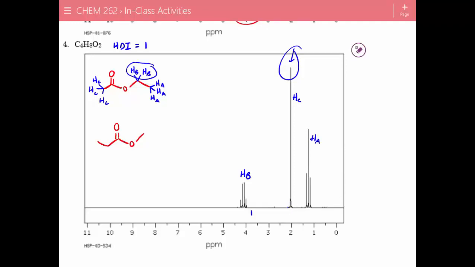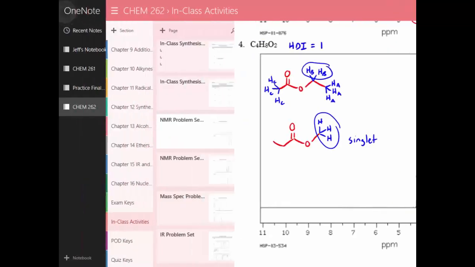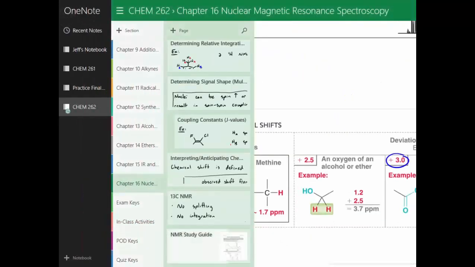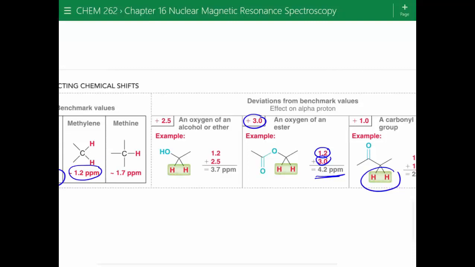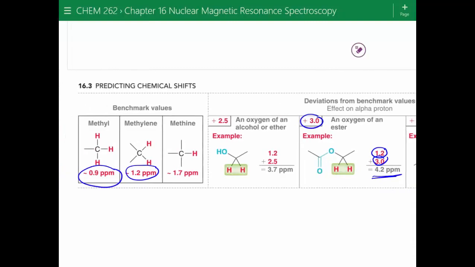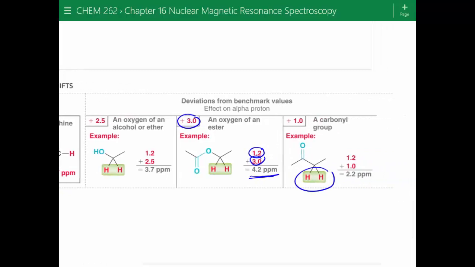Now, just for argument's sake, let's take a look at the molecule I have drawn right below. Let's look at this methyl group. If we go back to our chart, this has 0 3-bond neighbors. If we did have this, it would be a singlet. And when we go to our correlation table, if it's a singlet, it's a methyl peak right here, and it's right next to an ester.